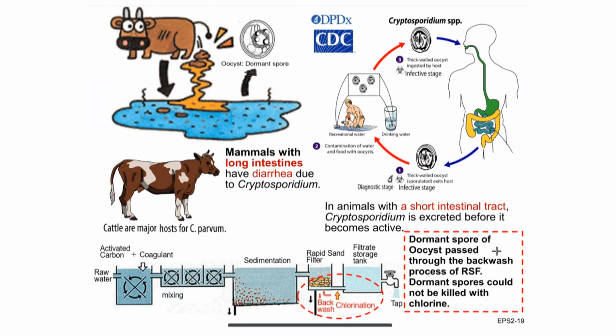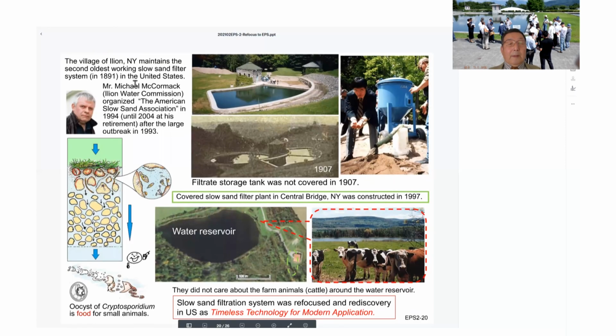And dormant spores, the oocysts, pass through the backwashing process of rapid sand filters, and dormant spores could not be killed with chlorine.